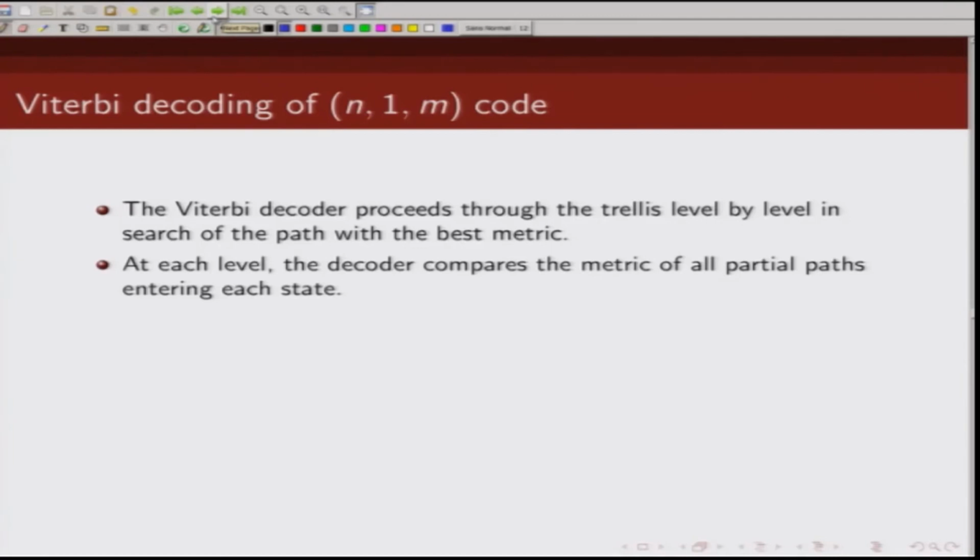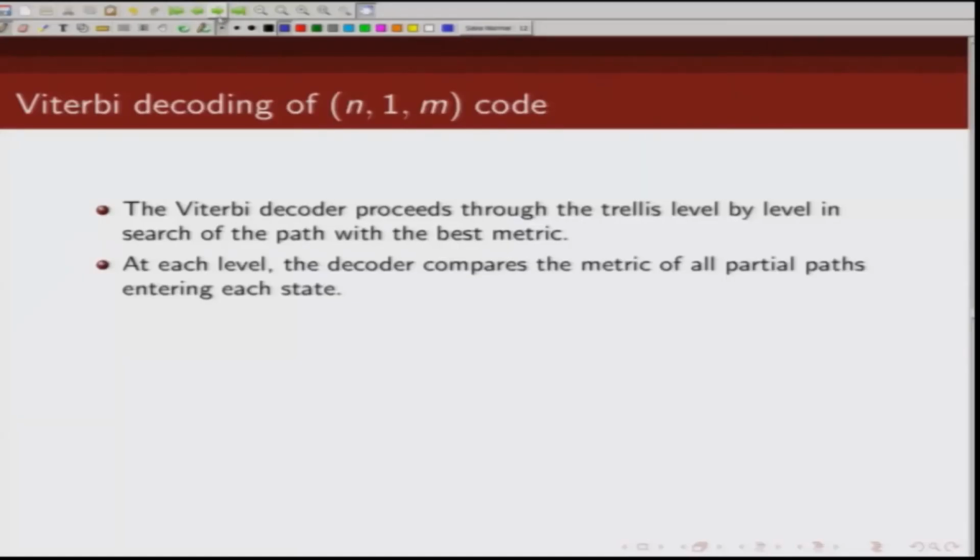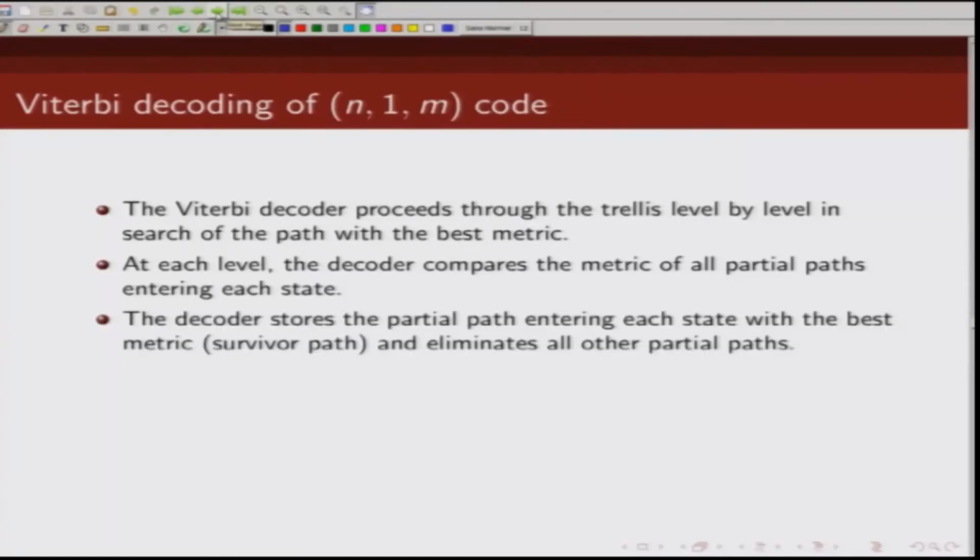At each level the decoder computes and compares the metrics of all partial paths entering that particular state, and it chooses the one which has the best partial path metric at that time instance. So, the decoder stores the partial path entering each state with the best metric.